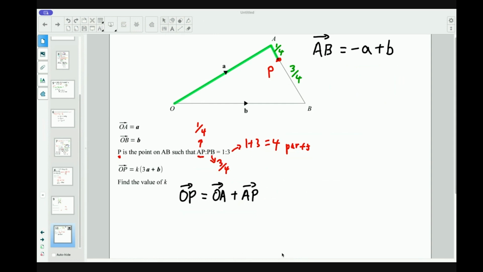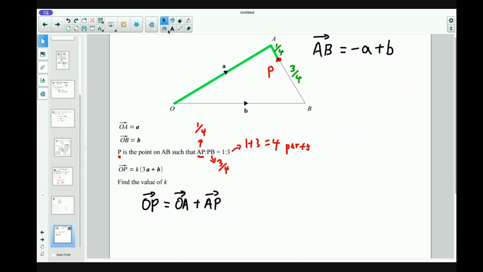Now, before we can take another step, we notice that we're missing one thing. Okay, we don't know exactly what AP is yet. We know that O to A is going to be A, so that's fine. But we need to also define what A to P is going to be.